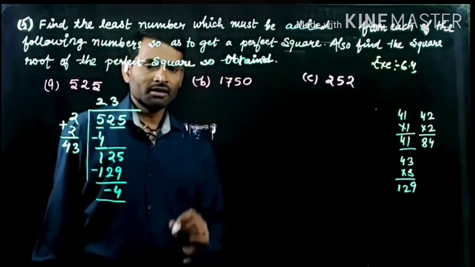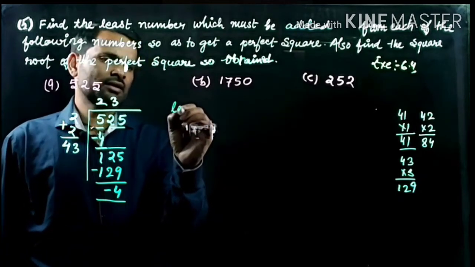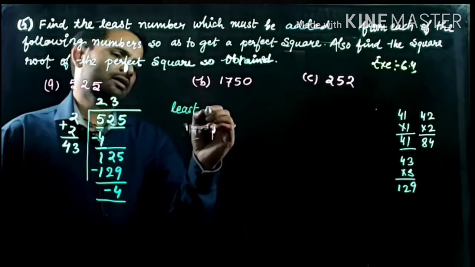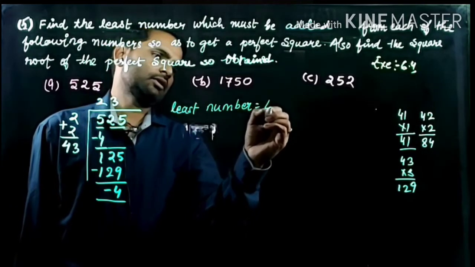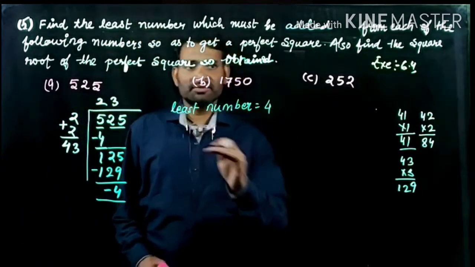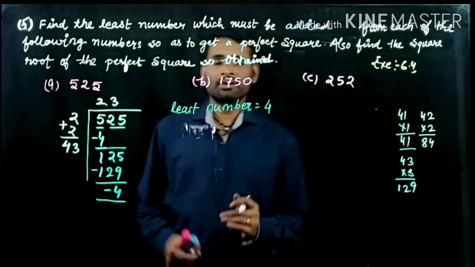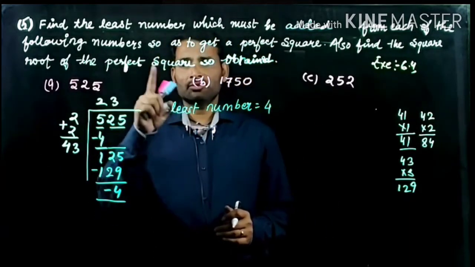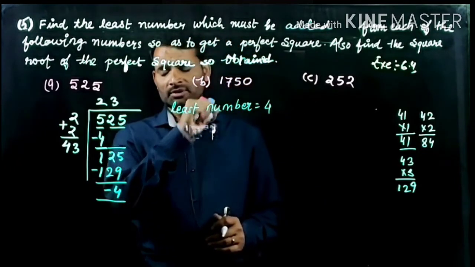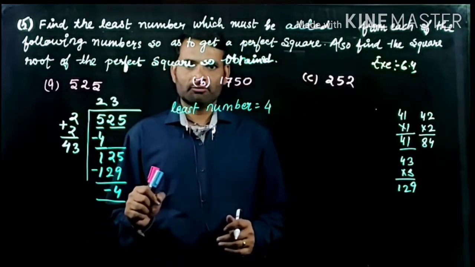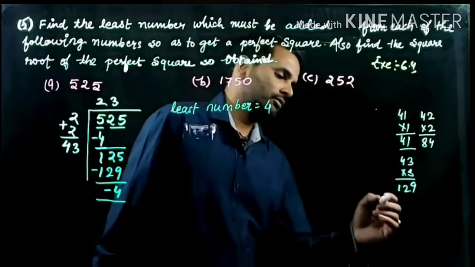But in the right answer, the least number is only 4. This is the basic difference between question number 4 and 5. In question number 4 you subtract, and your remainder is positive.